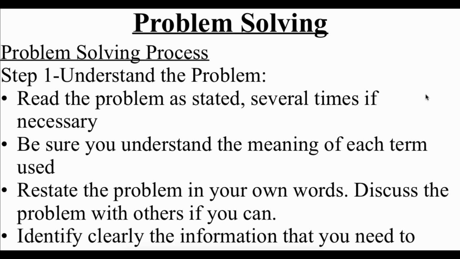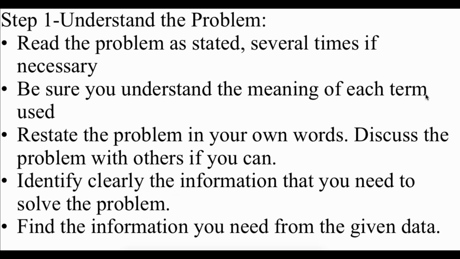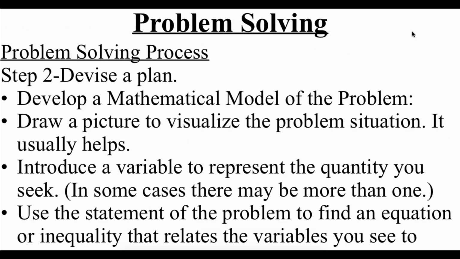And if we're working with a group of people, we want to discuss the problem with those other people to make sure that we do have a full understanding of what's happening within the problem. We're going to identify all of the information that we're going to need to solve the problem. And then we'll work on finding some of that information that we need from the data that we're given in the problem itself.